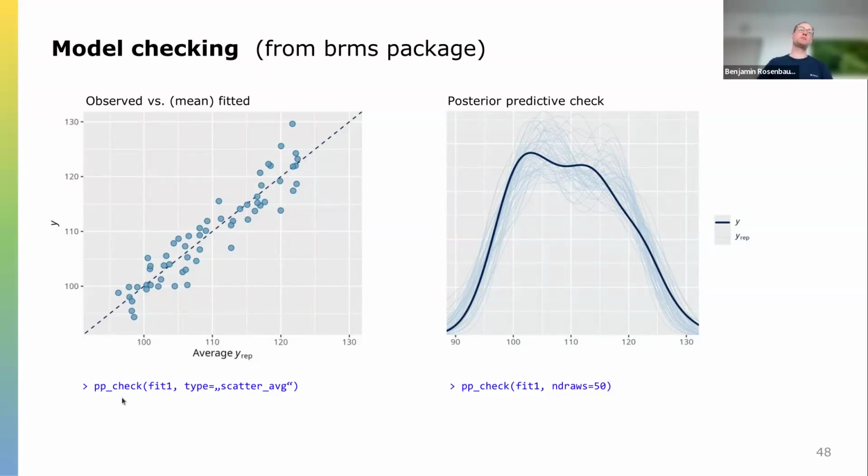And the posterior predictive check function has different types of presentation. Here, the scatter average gives you this classical observed versus predicted plot. And it's a function from the brms package.